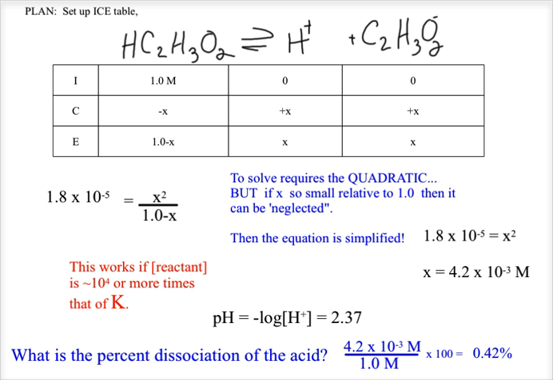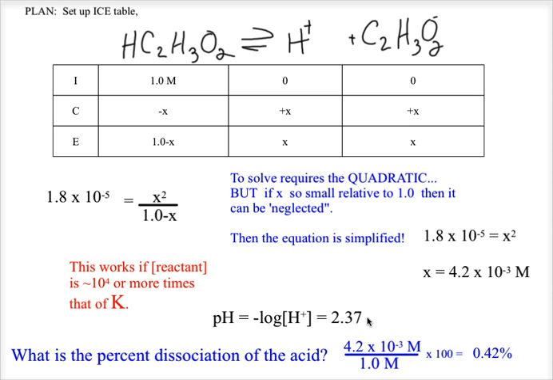This system at equilibrium was studied and calculated earlier, and what you calculated is that when acetic acid, which of course we know is a weak acid, is placed in a container with 1.0 molar solution, we can end up with a solution that has a pH of 2.37.